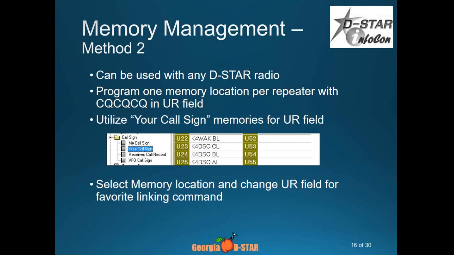I don't think you can do that on the 91. Maybe you can. But I think the 91, 92, 80, 880, and 2820, we'll do those. So you select the memory location, that changes the UR field. But remember, go back to CQ, CQ, CQ to talk. All right.